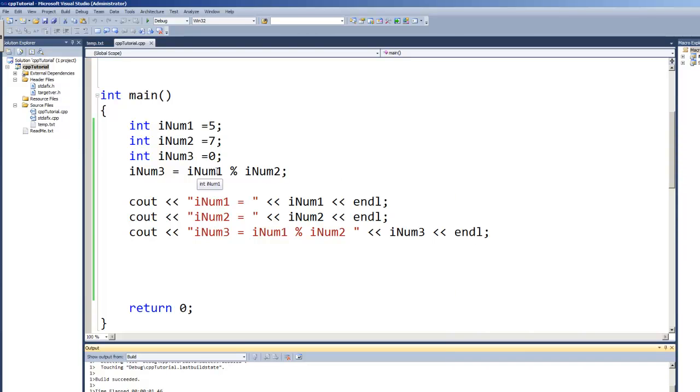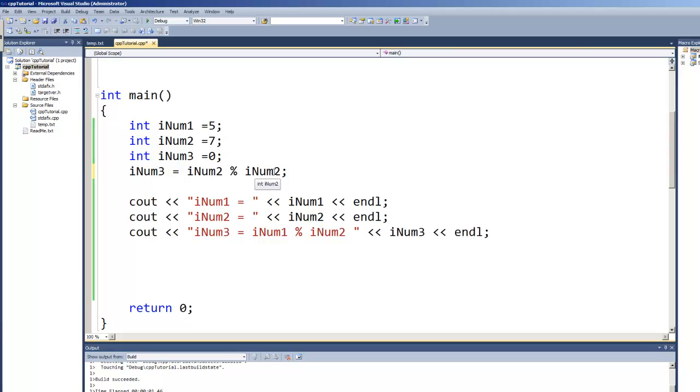And just to show the other way around and what we end up with, remember when we did 7 divided by 5, when we just did the integer or regular division, what we had was a 1. We had a 0 when we did it the first way, 5 divided by 7.